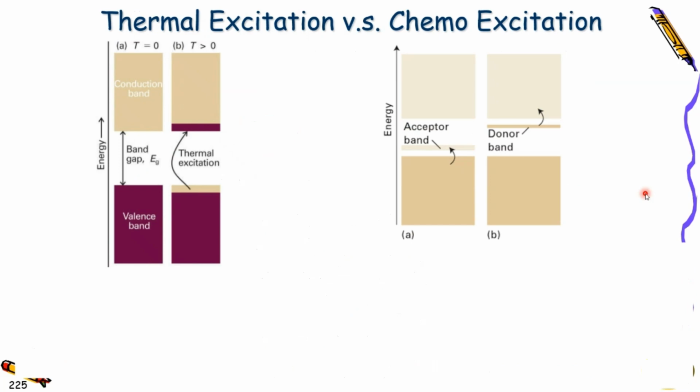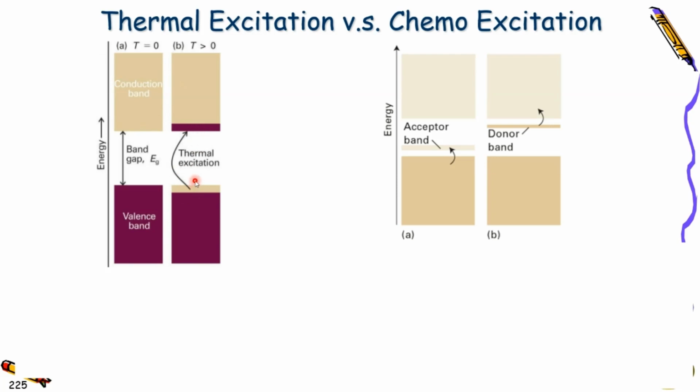This is a kind of comparison of thermal excitation versus chemical excitation. For thermal excitation, you need to have enough energy to pump an electron from the valence band to the conduction band.